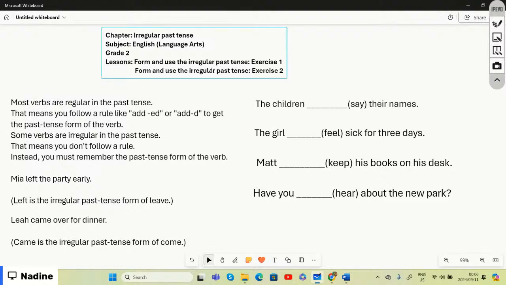The lesson we are going to focus on today is to form and use irregular past tense.